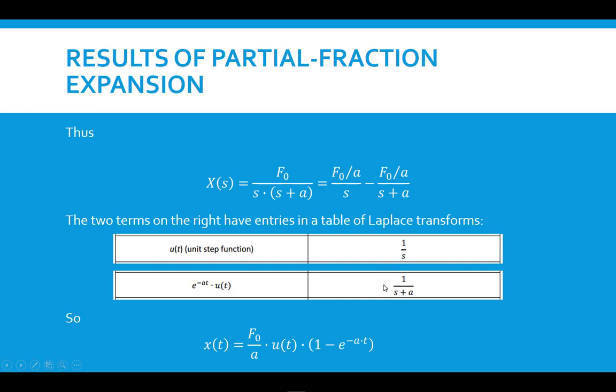So if we use these entries in the Laplace transform table and do a reverse Laplace transform, on the left, when we do the reverse Laplace transform of x of s, we just get x of t. We had this constant here for both terms, so we're just simply going to pull it out of all of the terms. And then we have u(t) times 1, that came from this expression here, minus u(t) times e to the minus at.